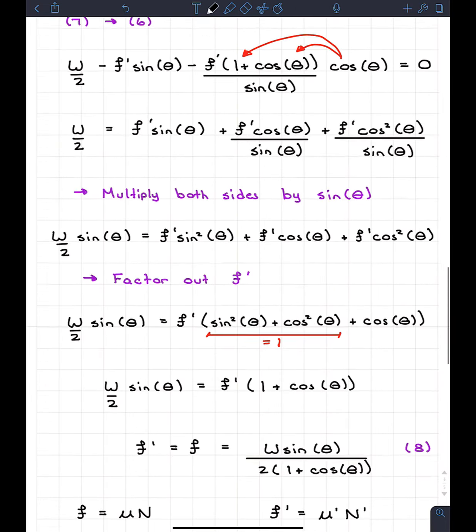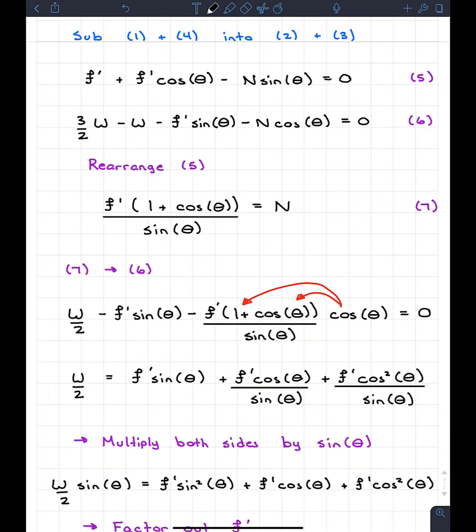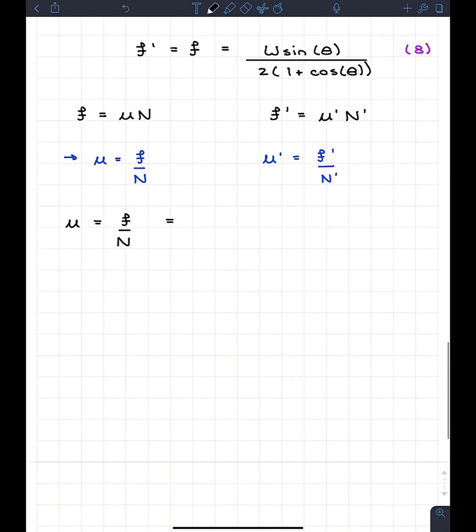If we look up at n, we see that n is equal to f prime times 1 plus cosine of theta, divided by sine theta. So this is n at the bottom. We also know that f is actually just equal to f prime.